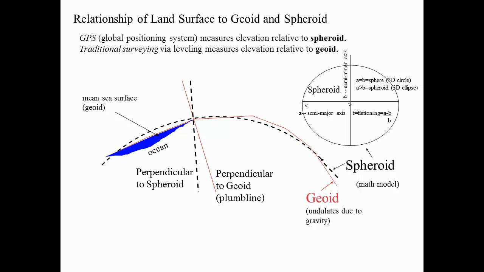And these undulations are mainly due to changes in the gravitational attraction at the surface due to the variable densities that are occurring below. As a matter of fact, GPS, Global Positioning Systems, measures elevation relative to the perfect spheroid, whereas traditional surveying by leveling measures elevation by way of the geoid.